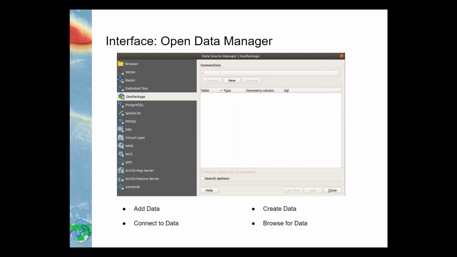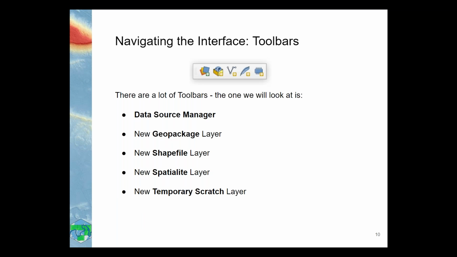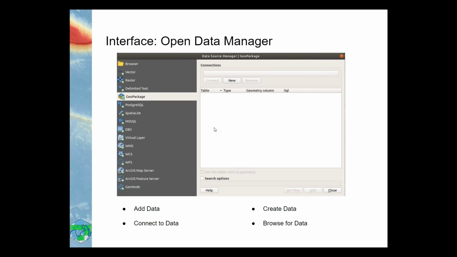So if you click on the data source manager, the button on the left, it really does something kind of funny. To me, it's funny. Before 2.0, on the interface, you had about 10 buttons to look at data.